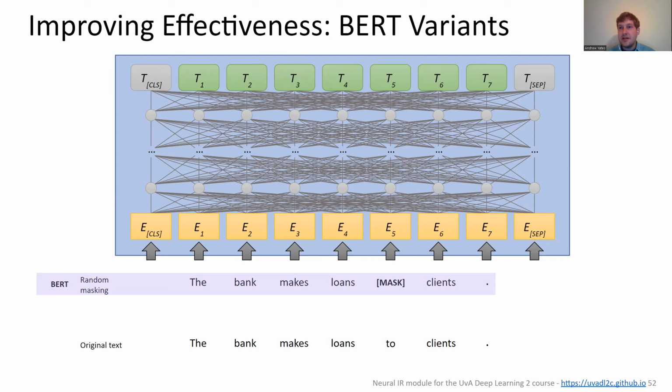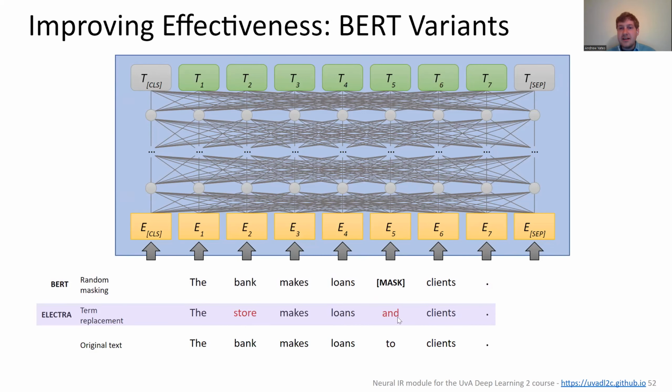So the one I want to talk about here is Electra. So you'll recall that BERT does this random masking. It randomly replaces a term with a mask, and then it tries to predict the masked term. Electra modifies this task to be term replacement. So rather than masking some terms, some terms are replaced with a smaller generative model.